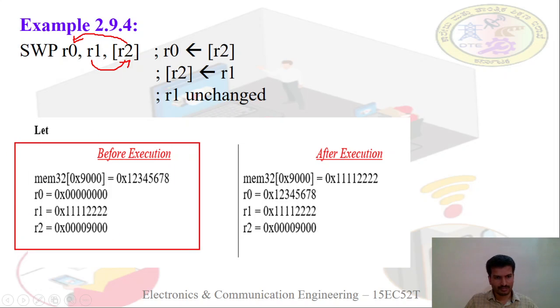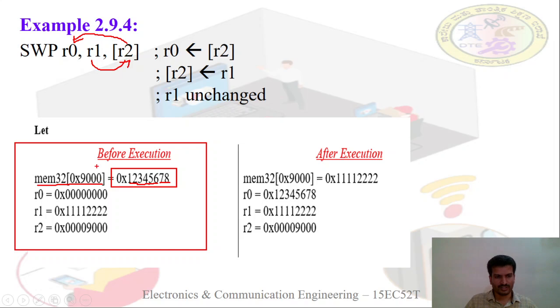So let us consider the memory location before execution. Address 9000 contains the value 0x12345678. This 32-bit data requires 4 memory locations, and we are mentioning only the starting address. So in 9000, 78 is present, in 9001, 56, in 9002, 34, in 9003, 12 will be there.